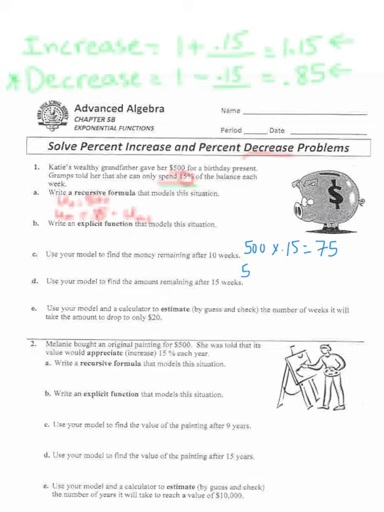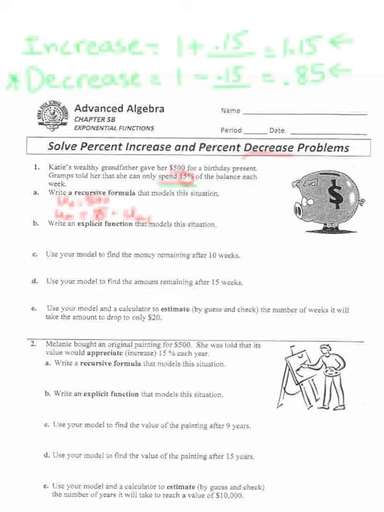You would take the 500 and subtract 75, which would give you the 425. But instead of doing two steps, you could also say, if I want to take 15% off and the purchase price was $500, you could just multiply that $500 by 0.85 and it'd give you the $425.